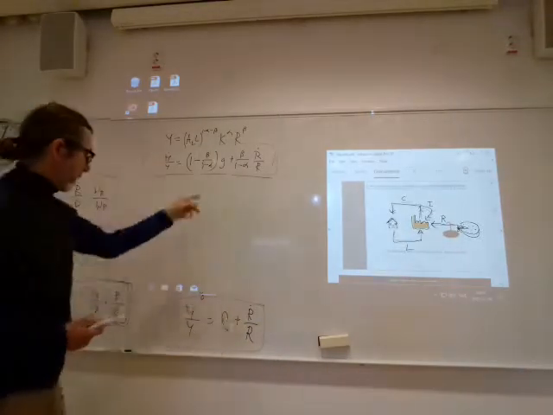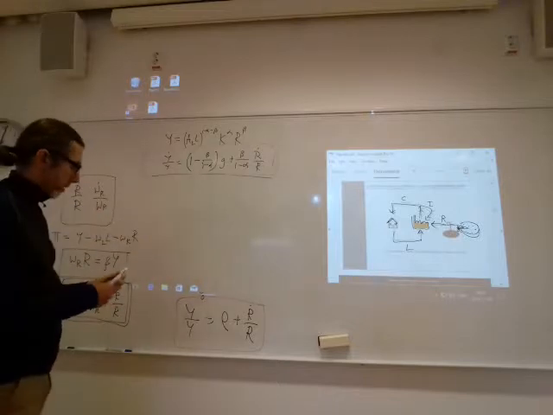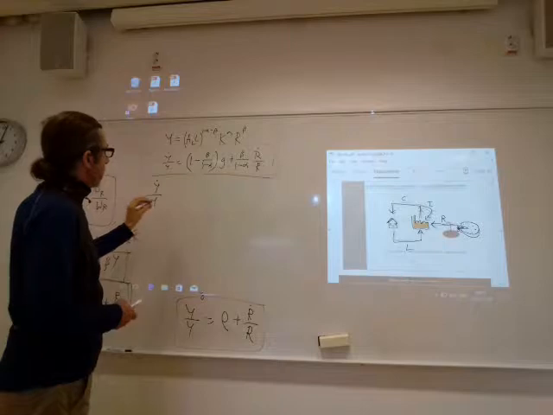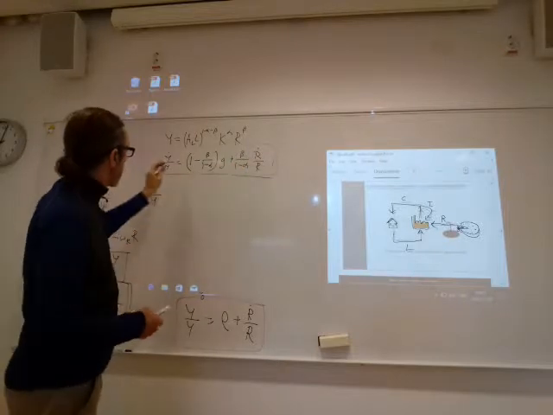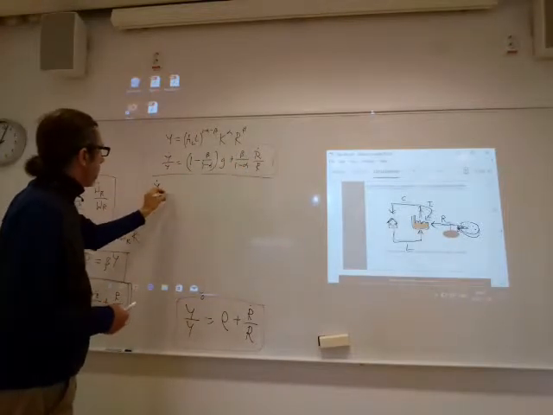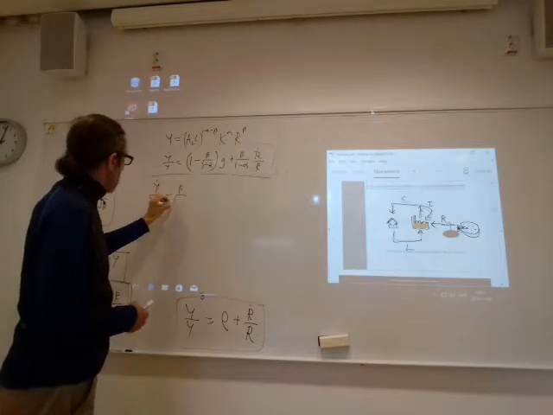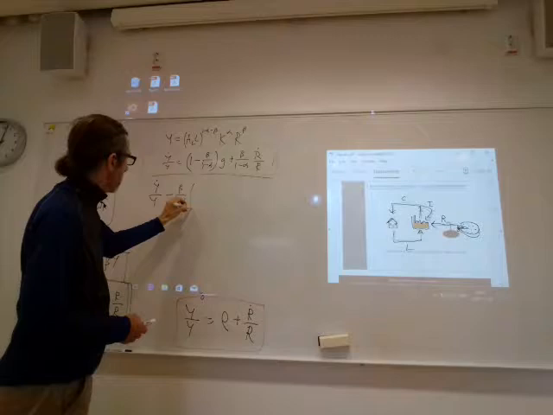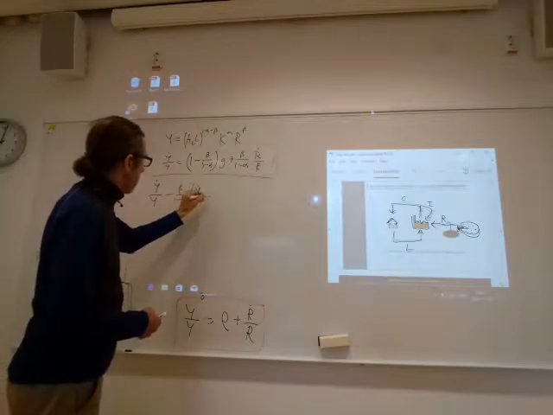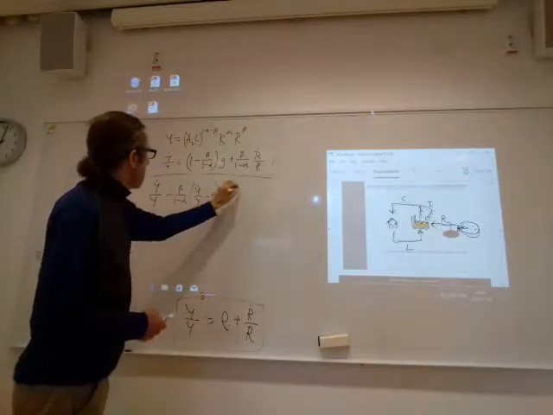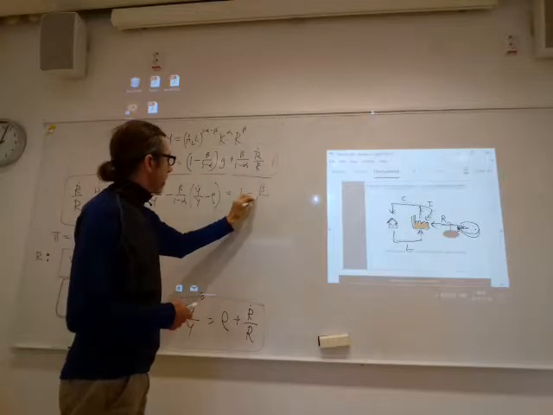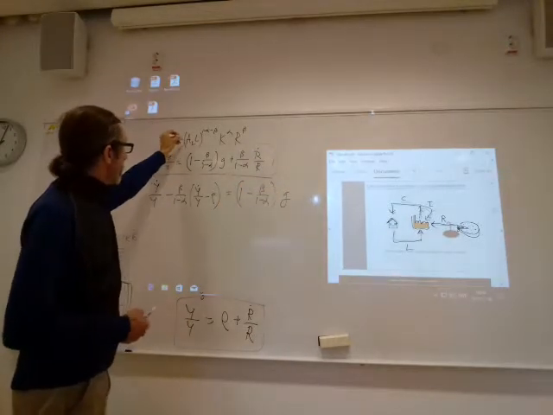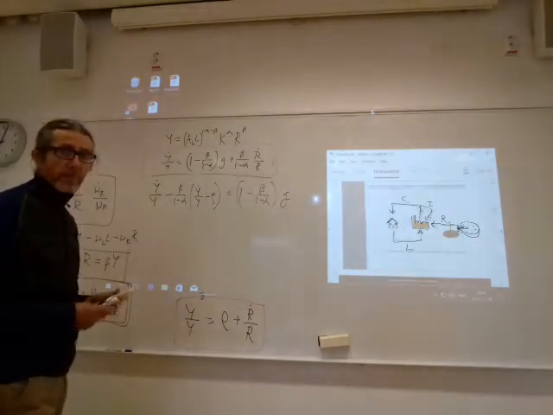So why don't we just eliminate R dot over R from this one, and then we have Y dot over Y. I'm going to take this over, minus B dot over 1 minus alpha R dot over R, which is Y dot over Y minus rho, equals 1 minus B dot over 1 minus alpha G. Remember, G is the growth rate of AL, which we know.